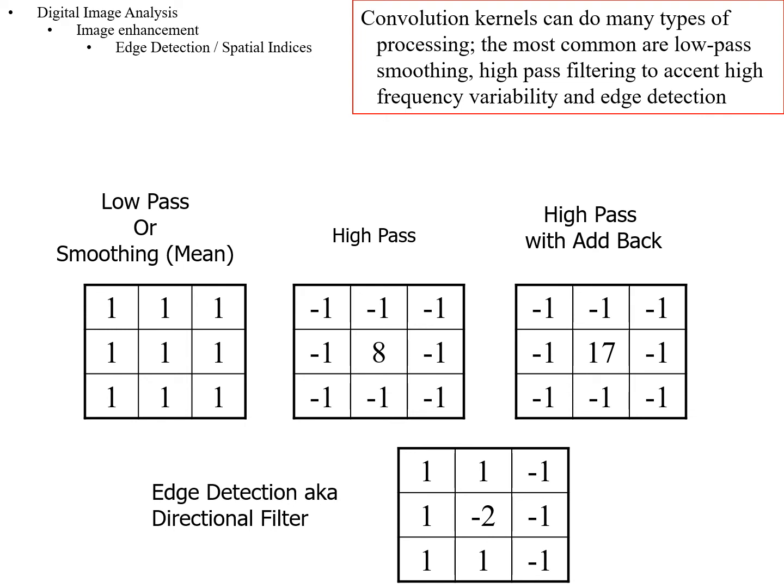This is good mostly for visual interpretation, where you're saying, show me the original image pattern, but highlight the high frequency variation areas. And then at the bottom, we have an edge detection filter. What we have there is positive values to the left, negative values to the right.